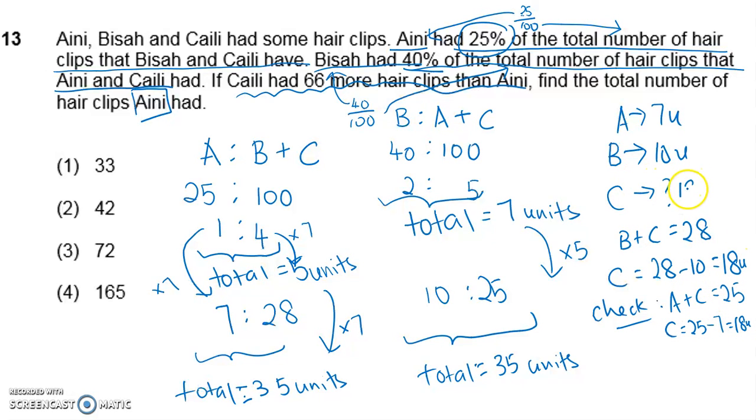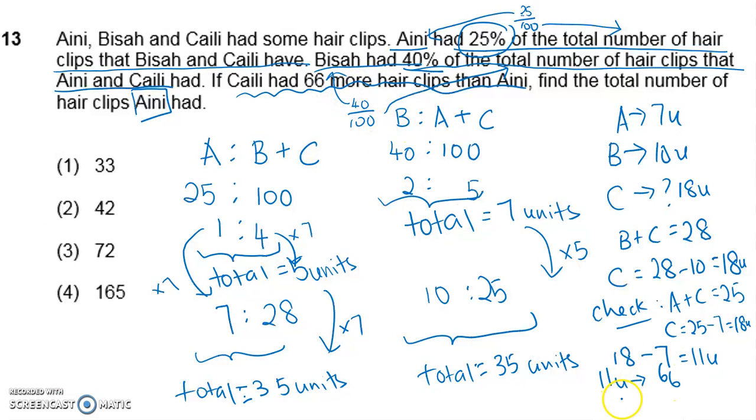Now, I know that C is 18 units. Now, what's the last piece of information that we know? Kylie had 66 more hair clips than Aini. So Kylie minus what Aini has is equals to 11 units. We know that 11 units is 66, right?